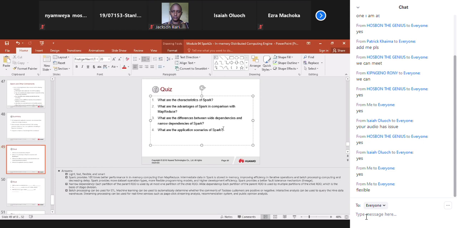There is machine learning. Yes, machine learning. We have said machine learning, interactive analysis, stream processing, and batch processing. Batch processing. Note that.